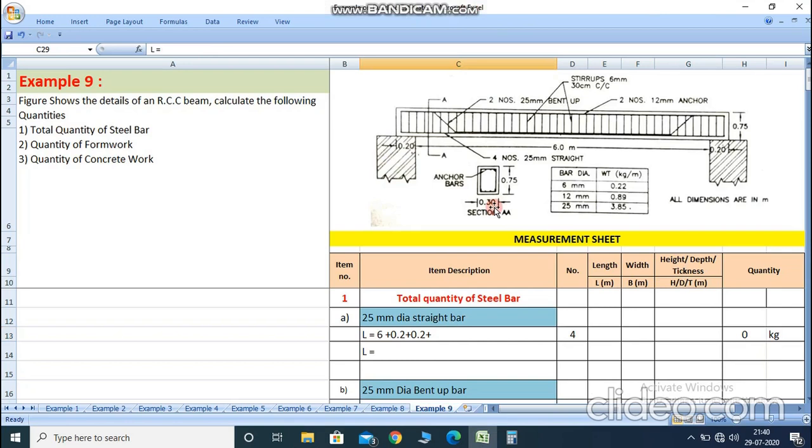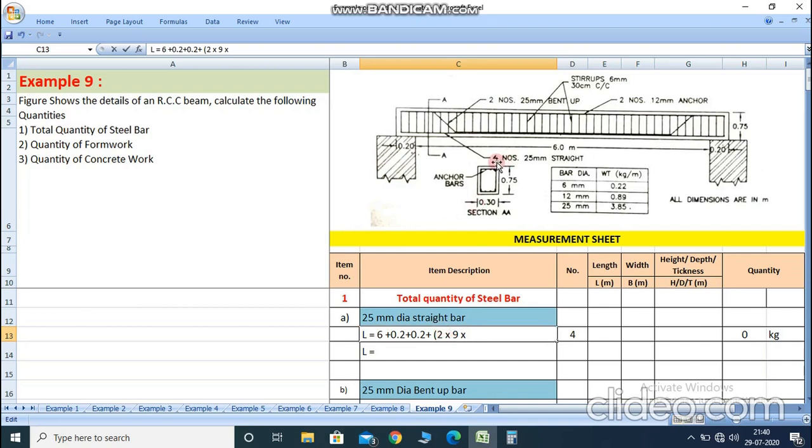In the last lecture we discussed if a 180 degree hook is provided on one side, we add 9 d in the total length. But here hook is provided on both ends, so we include it 2 times. So 2 multiplied by 9 multiplied by d, where d is the diameter of the bar.